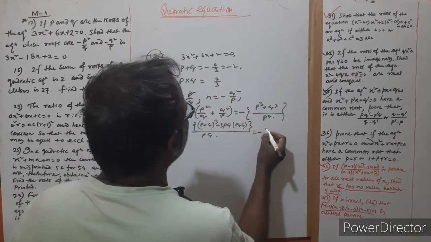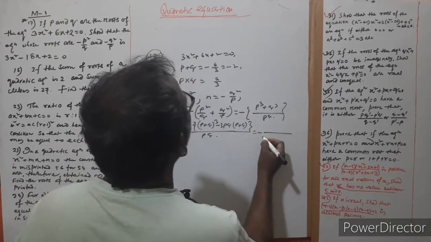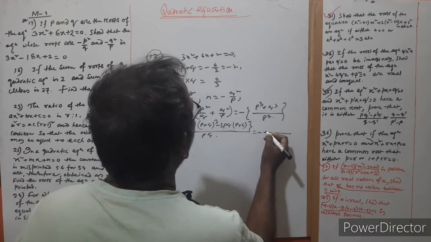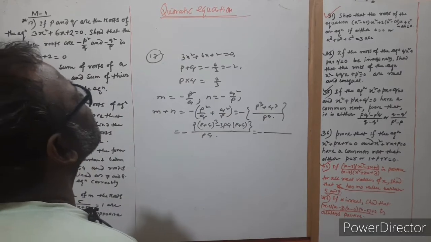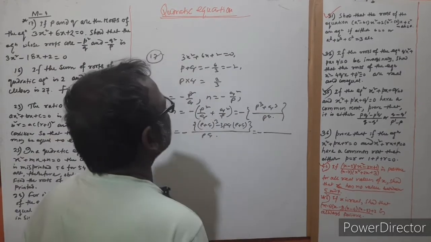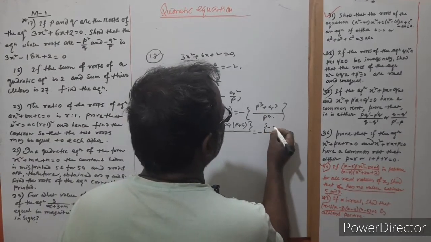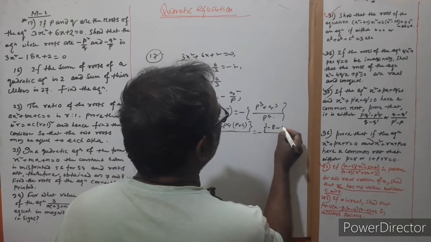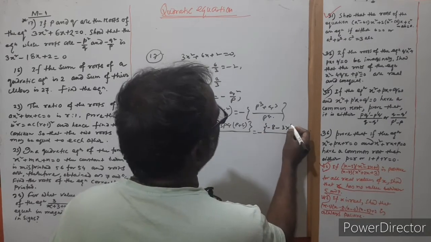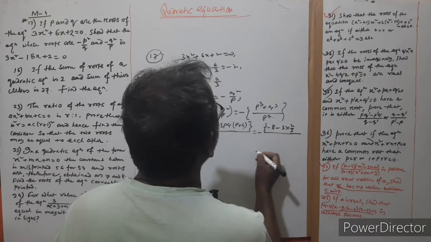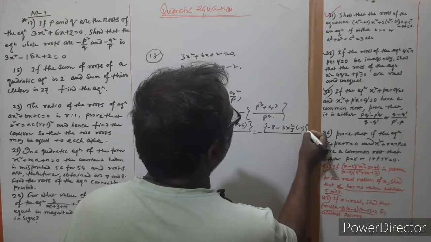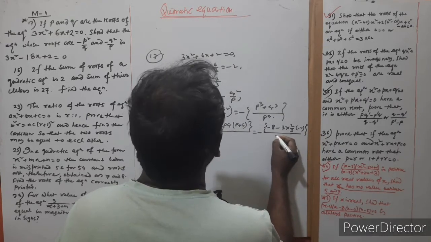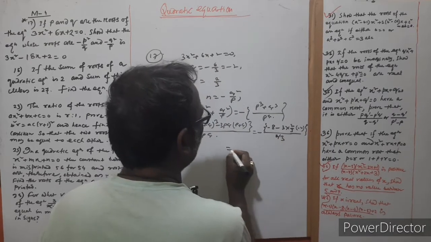The value of p plus q here is minus 2, and p into q is 2 by 3.